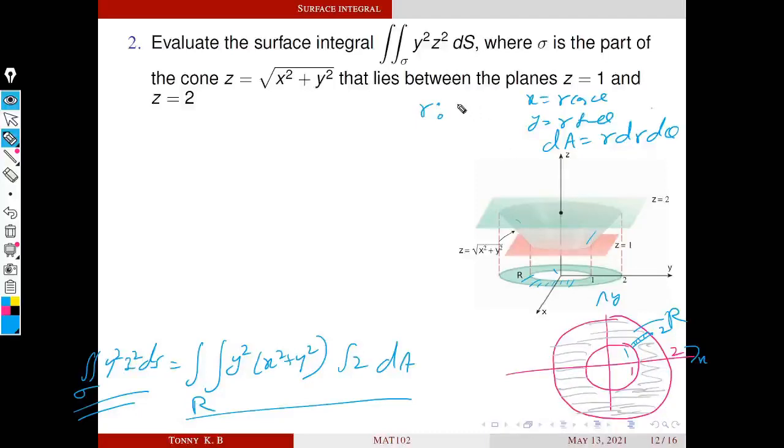So r is varying from 1 to 2, and theta is varying from 0 to 2 pi. This is the setup of this double integral.